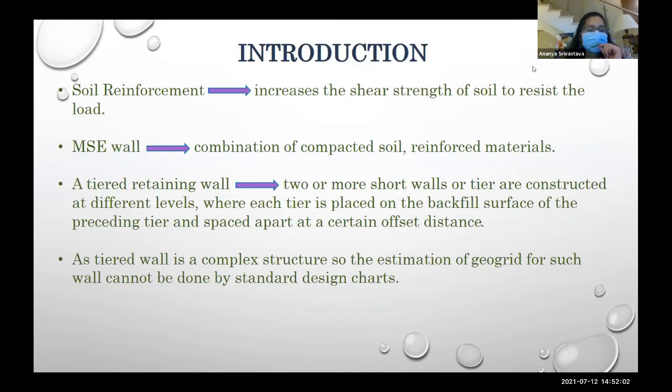Tiered means a whole wall, supposedly 12 meters in height, can be divided into 6 meters each, with an offset distance of a desired value. When we make a tiered wall system, there are certain benefits which we will discuss in the upcoming slides.